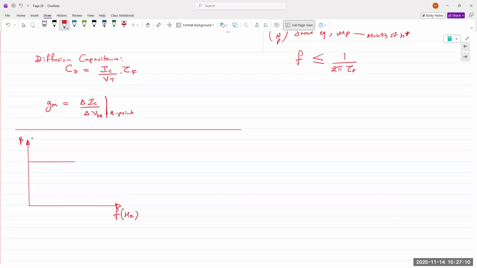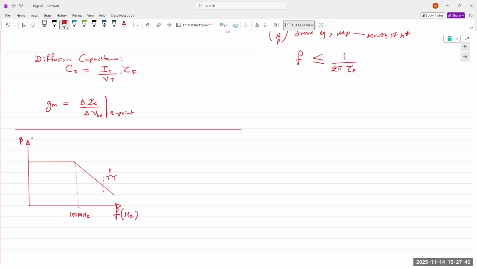But once, that's probably not as sharp a cutoff, but it suffices for us. This is somewhere around 100 megahertz or so. Beta starts decreasing. That's FT.